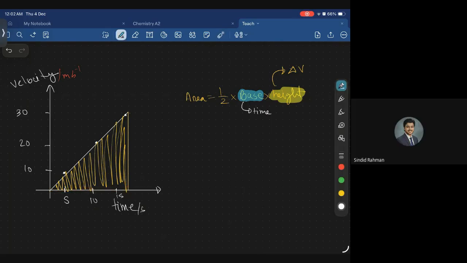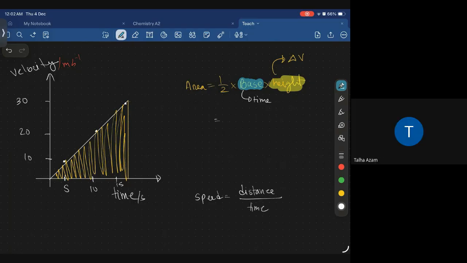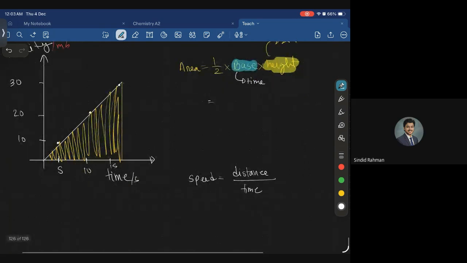So can you tell me what is the formula of, let's say, speed or velocity? Let's say speed. Speed equals distance over time, right? Yeah. So if I were to make distance the subject, we multiply by time on both sides, and this time cancels out, right?